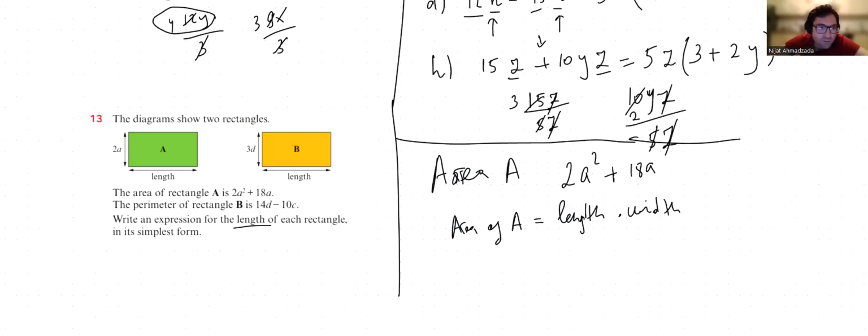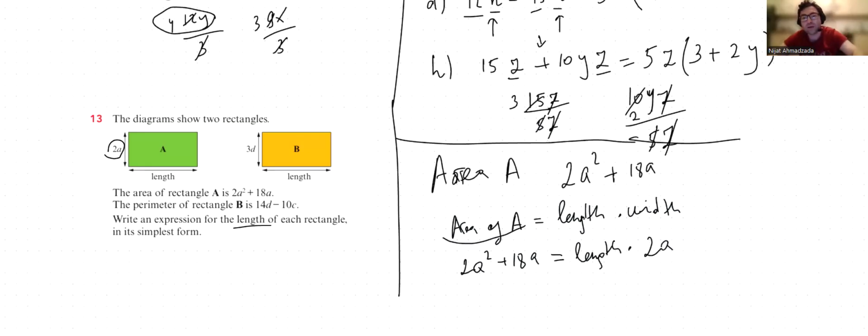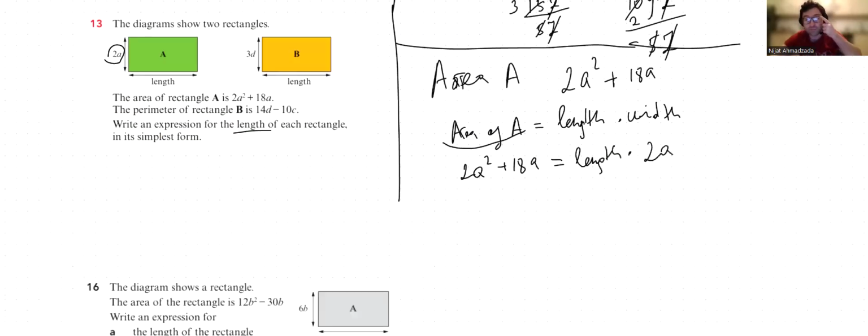And we already know its width. It's given here. It's 2a. And we already know the area of A. Area of A is 2a squared plus 18a. That is equal to the length of A, I don't know what that is, times its width. Width, I know, is 2a. I just need to find what the length is.